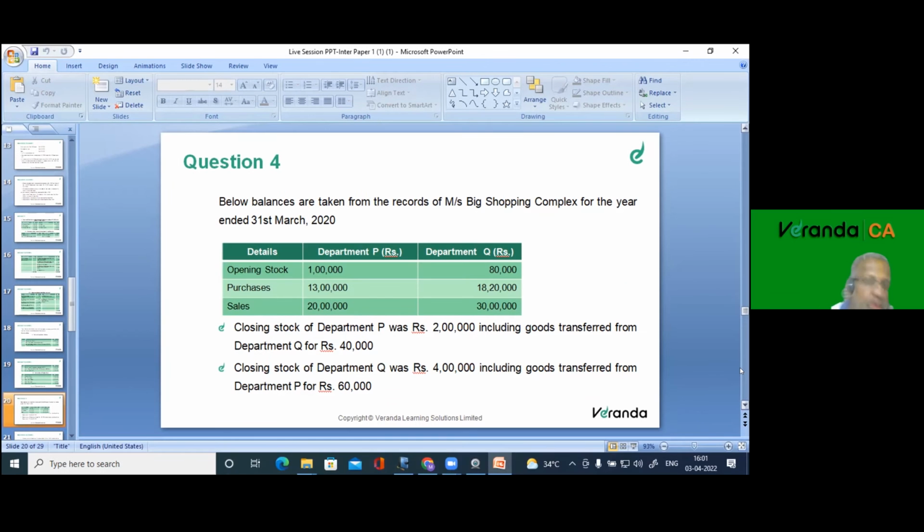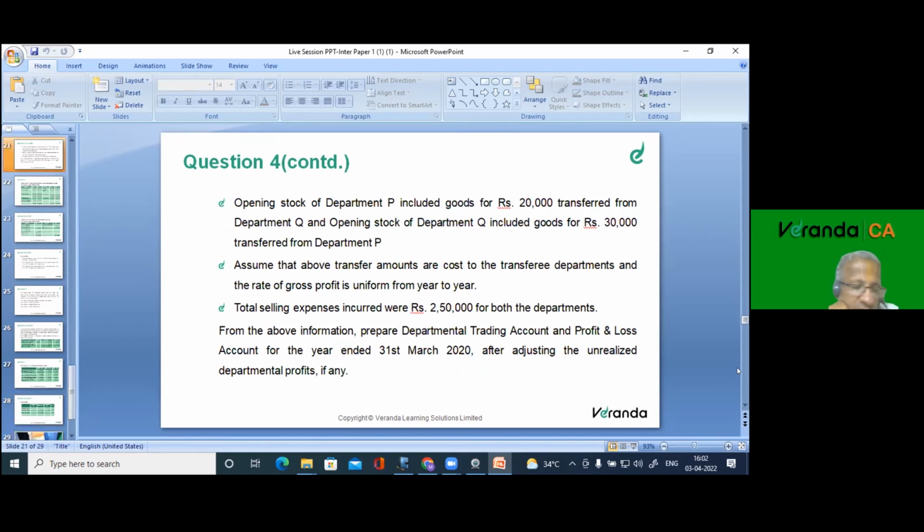So question number, okay. Below balances are taken from the records of big shopping complex for the year ending 31st of March. Opening stock, purchases, sales for both P and Q. Closing stock of P was 2 lakhs, including goods transferred from Q. Closing stock of Q was 4 lakhs, including goods transferred from P, 60,000. Opening stock of P included goods for 20,000 transferred from Q. And opening stock of Q included goods for 30,000 from P. Assume the above transfers are at cost to the transferee.